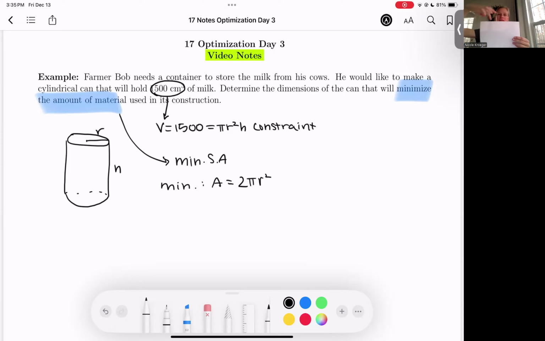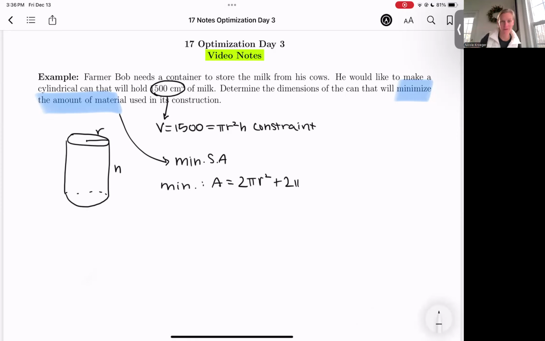So this length, if we re-roll our cylinder, is coming from up here. That's just the circumference of the circle. So in order to find the rest of the surface area, we have 2 pi r, because that's the circumference of a circle, times a height. Okay, I just like to be able to recreate that. Again, I'll give you this formula in a test, but it's so nice to be able to recreate it. Okay, so that's the thing we're trying to minimize.